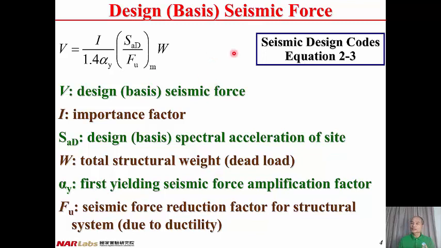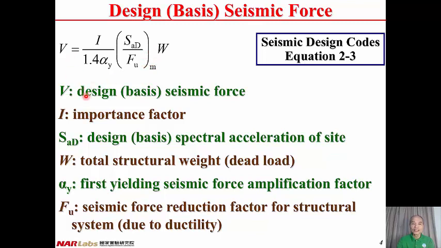From Seismic Design Codes, equation 2-1, we have this formula for the calculation of design basis seismic force: V equal to I divided by 1.4 alpha y times SAD divided by Fu modification times W.